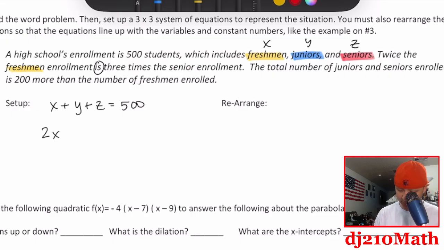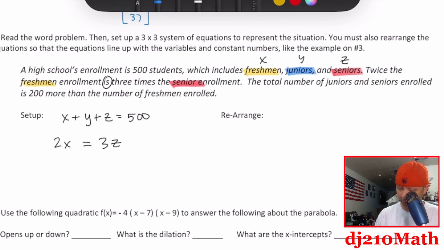So 3 times Z. So 2X equals 3Z. Okay? The total number of juniors and seniors. So Y and Z is what we're talking about.